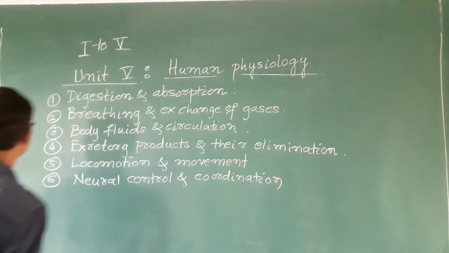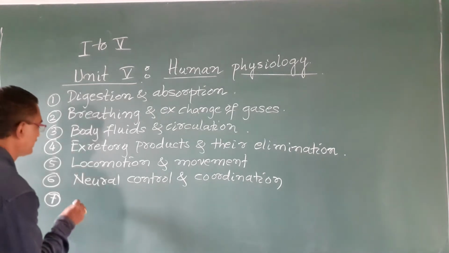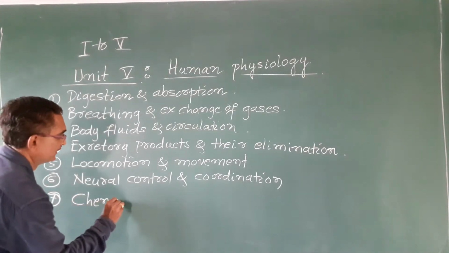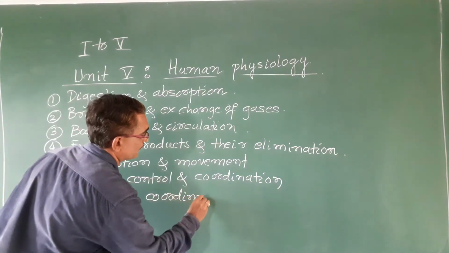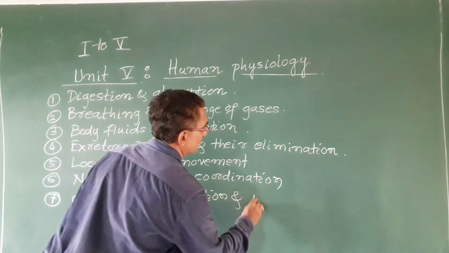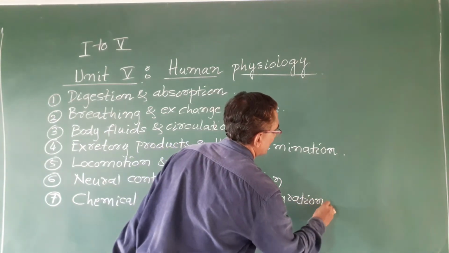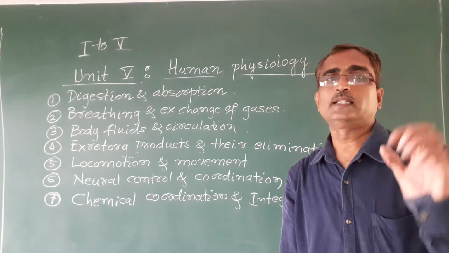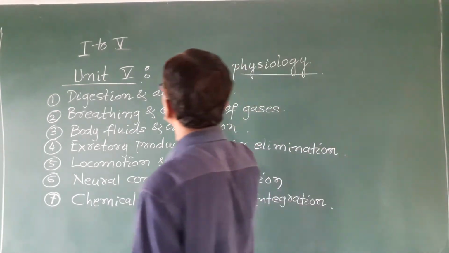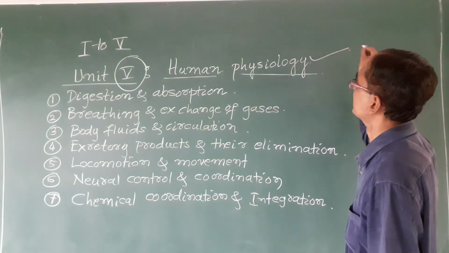The seventh chapter is about chemical coordination and integration. So this is the fifth unit, human physiology.